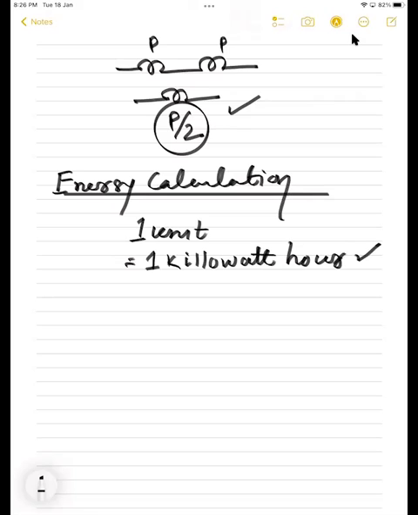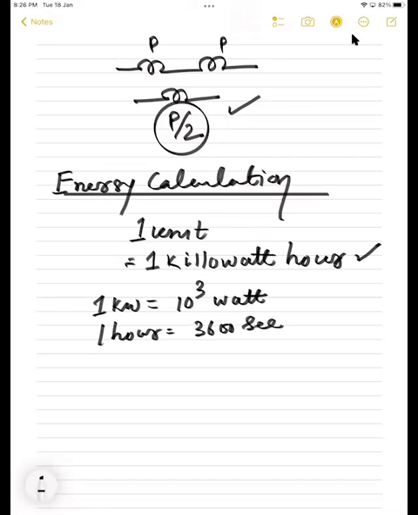Understood, students? 1 kilowatt means how many watts? 10 to the power 3 watt, right? 1 hour means how many seconds? 3600 seconds, correct?